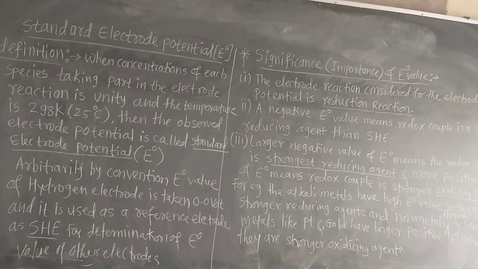When the concentrations of the salt solutions are taken as 1 molar, that means 1 molar copper sulfate solution, 1 molar zinc sulfate solution, 1 molar HCl, the concentration must be unity, that is 1 mole. This is the first condition.